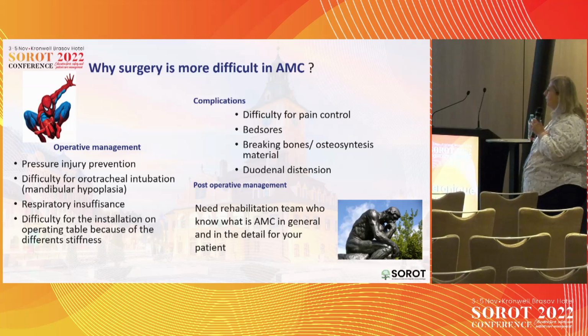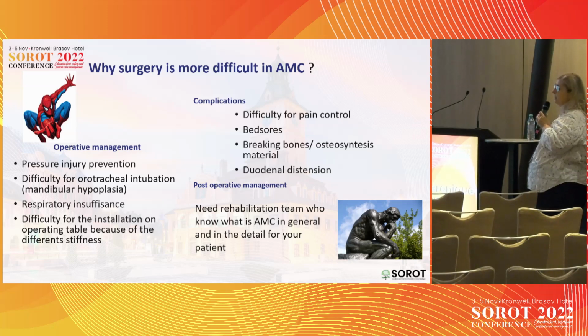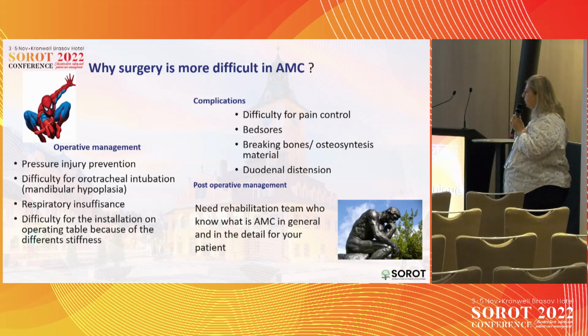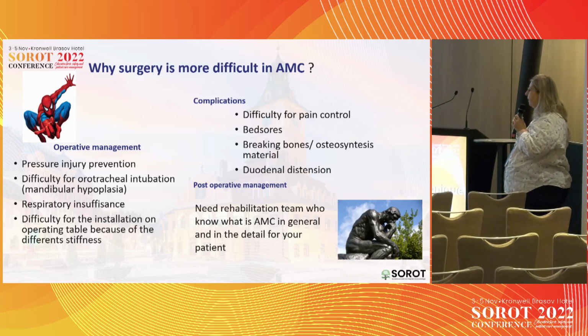So why is surgery so difficult? The operative management is very special. For example, these patients often have mandibular hypoplasia and are very difficult for tracheal intubation. They are difficult to position on the operating table. They very frequently have complications.